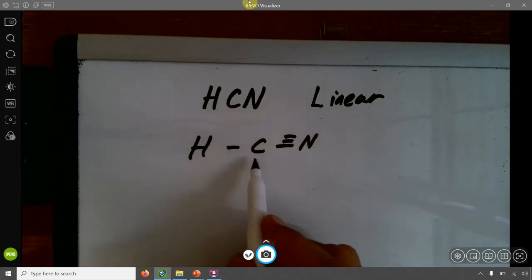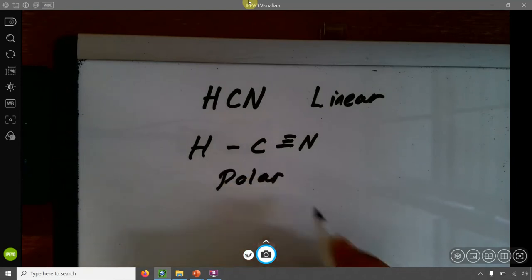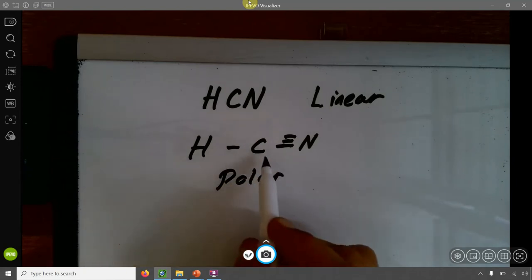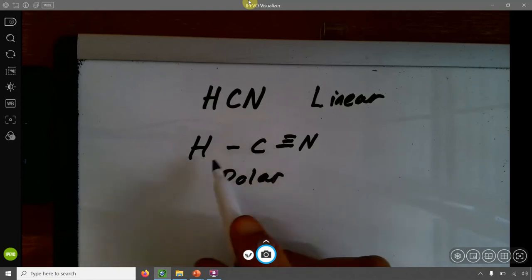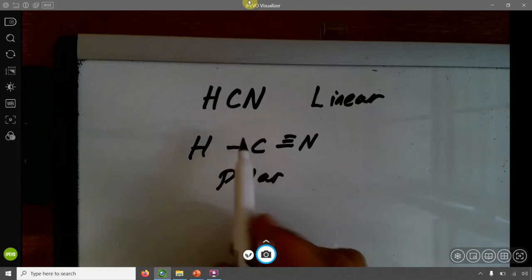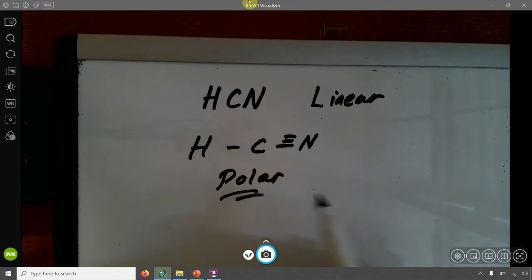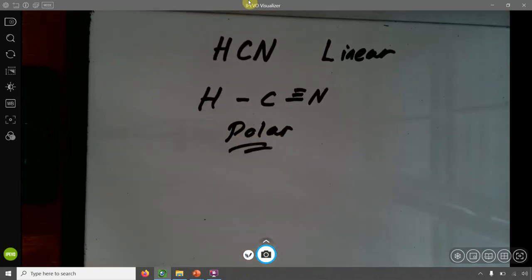By looking at C, this interaction is different from this interaction. Therefore, it's going to be polar. It's going to have some sort of a pole. The electrons are not going to be equally dispersed throughout this thing. That's basically what polarity means. So it's not like the weight of the electrons in this bond is the same as the weight of electrons in this bond. There's more going on here. So it's polar. Okay, so it's going to have some pole to it.